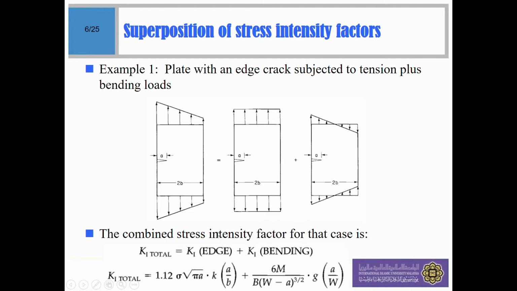Here we need to add the K1H as we learned in the previous lecture, and then we just insert the values into this equation, and it needs to be added to the K1, or the stress intensity factor due to bending, as we also covered in the previous class. Only by doing this can you calculate the total stress intensity under this load, subjected to tension plus bending loads.